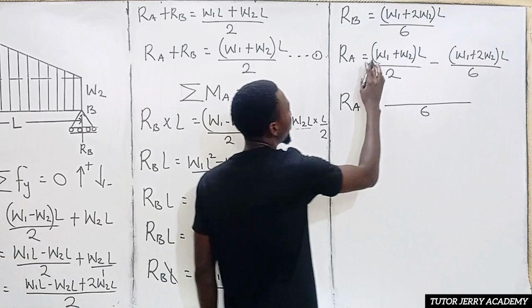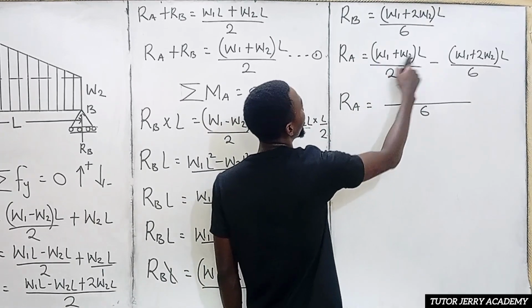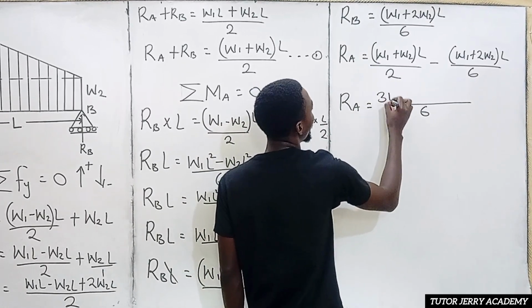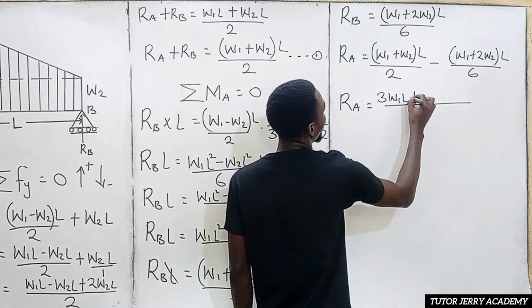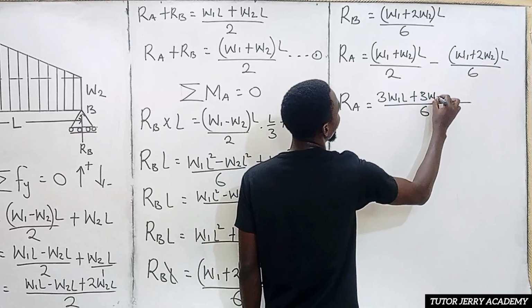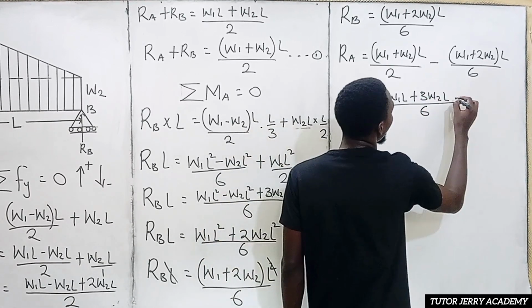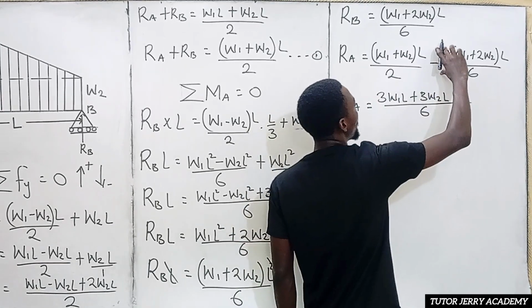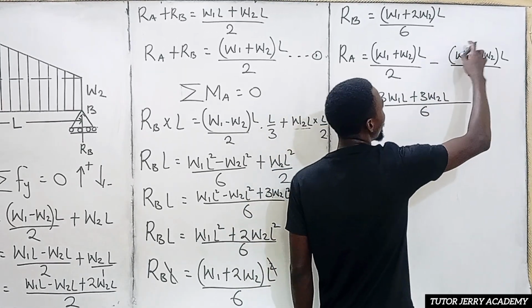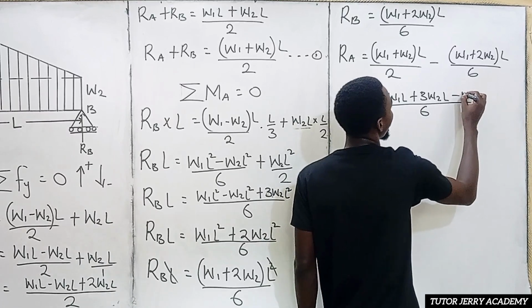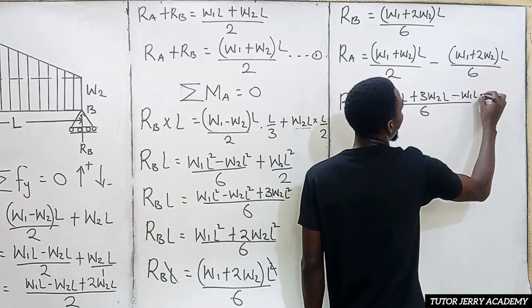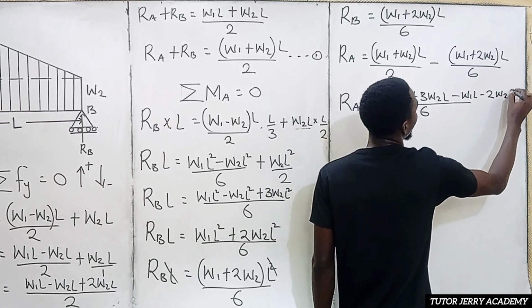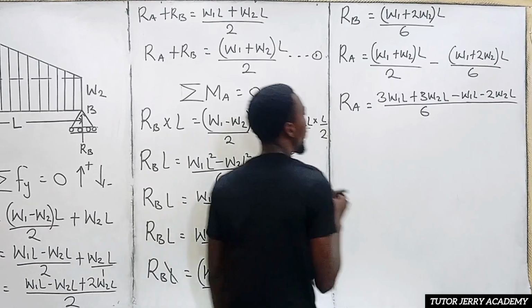3. So 3 times W1 multiplied by L, we are going to have 3W1L plus 3W2L. All right. So this is going to be 6 in 6 is 1. Then it's going to be minus 1 multiplied by W1 multiplied by L. We are going to have minus W1L minus 2W2L. All right. So that's what we are going to have.